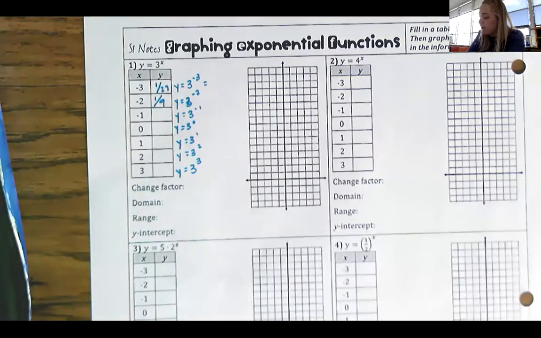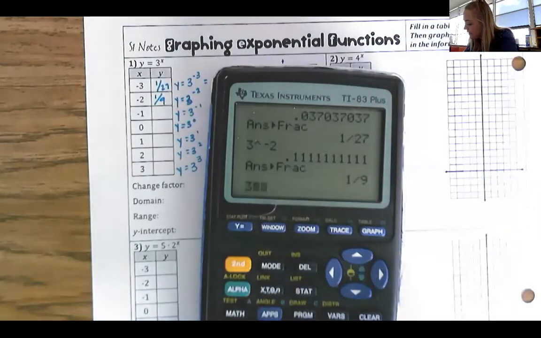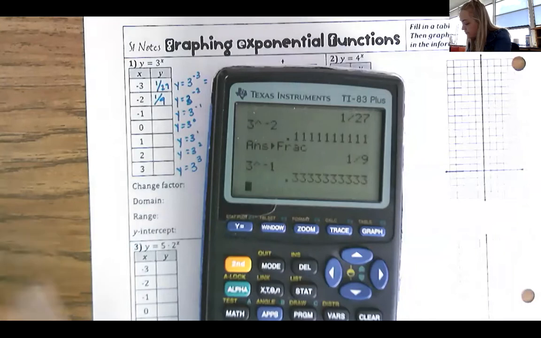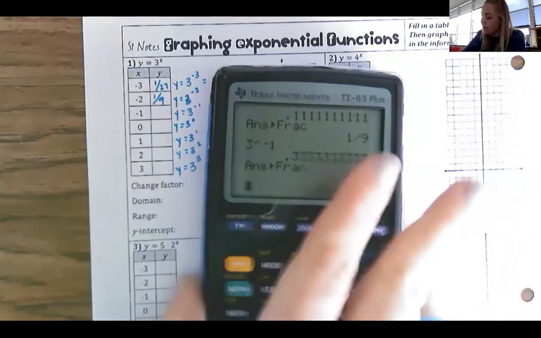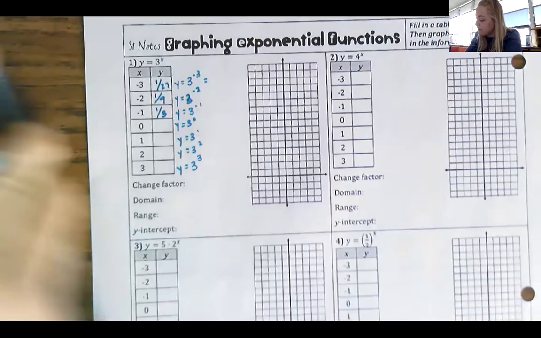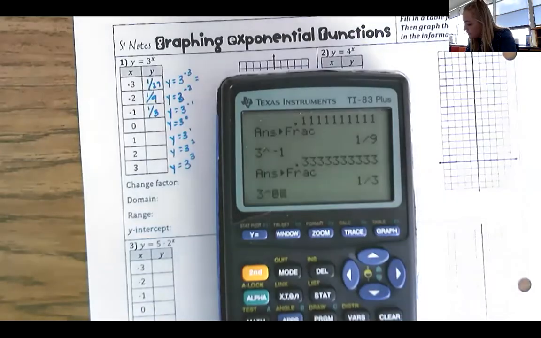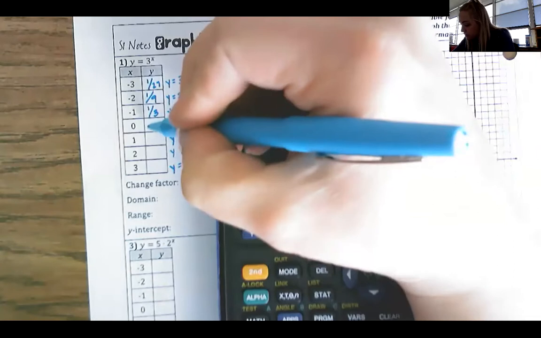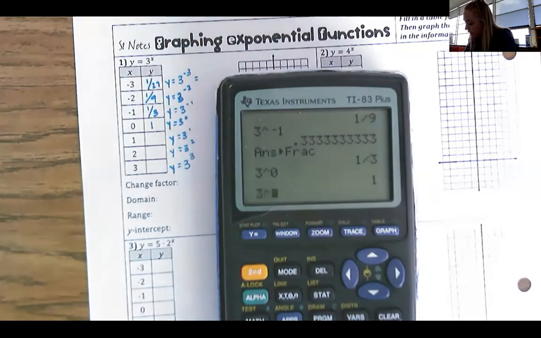Okay, 3 to the power of negative 1 is 1/3. And then 3 to the power of 0 is 1. 3 squared is 9.